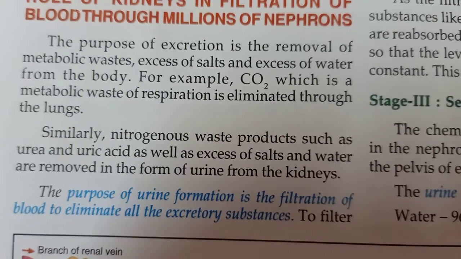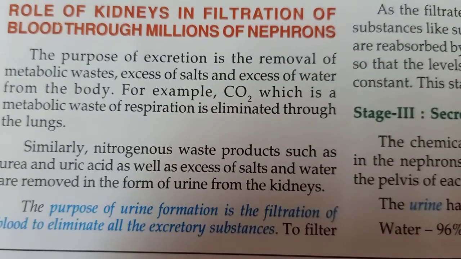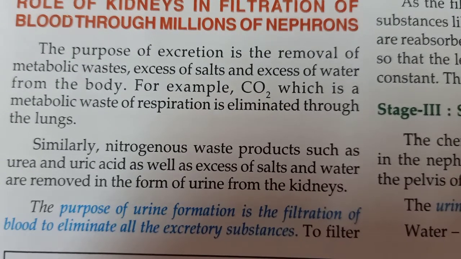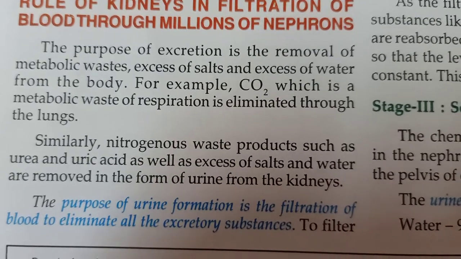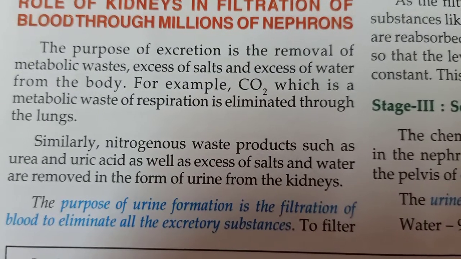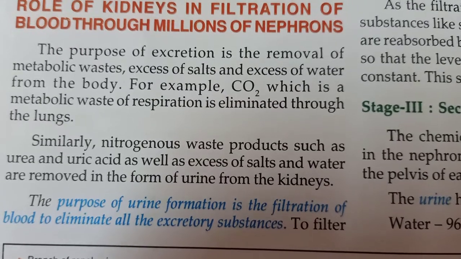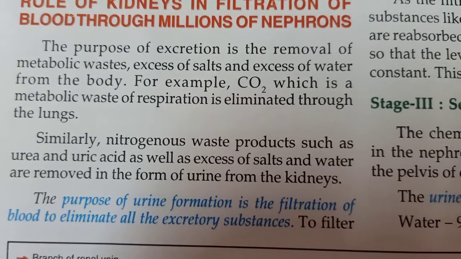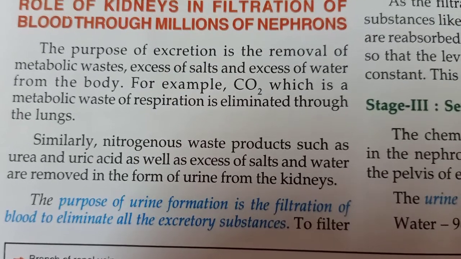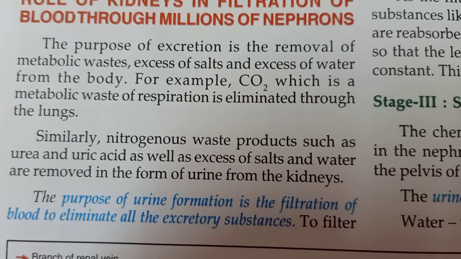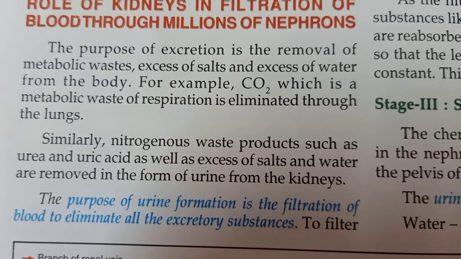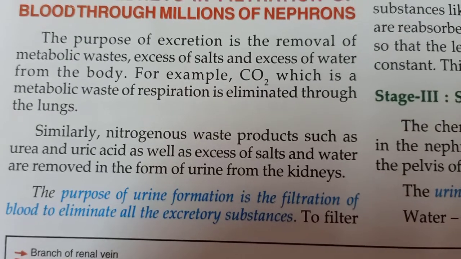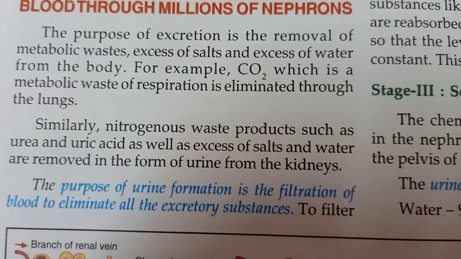For example, carbon dioxide, which is a metabolic waste of respiration, is eliminated through the lungs. Similarly, nitrogenous waste products such as urea and uric acid, as well as excess salts and water, are removed in the form of urine from the kidneys. So you can see that these nitrogenous wastes are removed from our body with the help of the kidney.